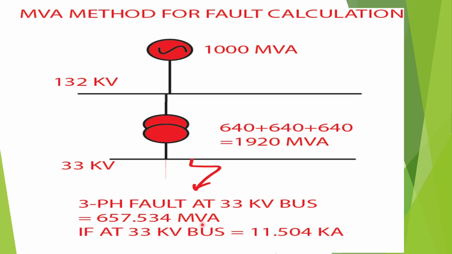Since the fault MVA at the 33 kV bus is known, the fault current is the fault MVA divided by root 3 into 33, which comes as 11.504 kiloampere, the same as that calculated by the common base MVA method.